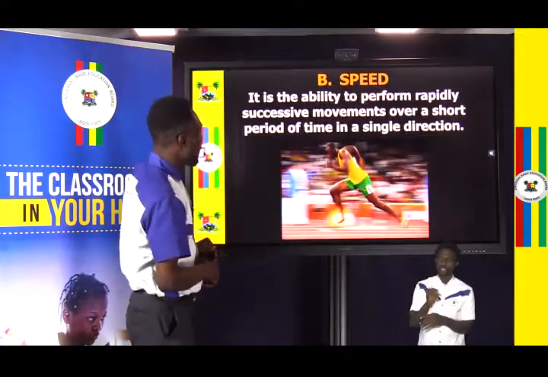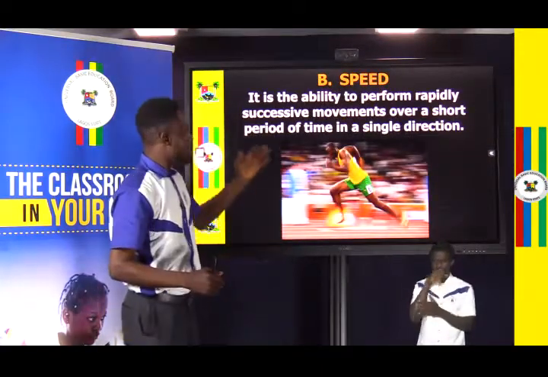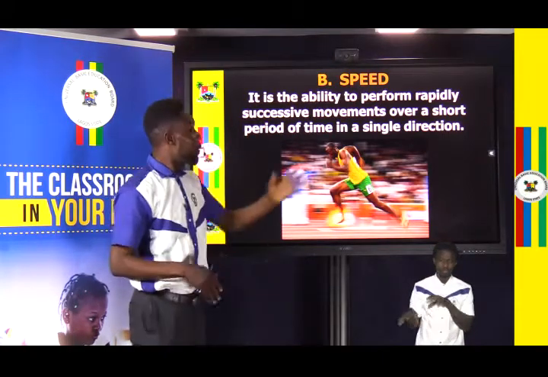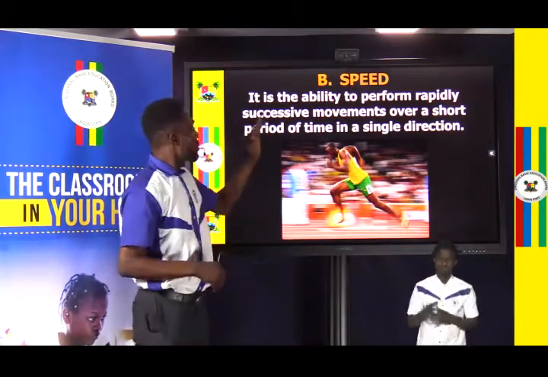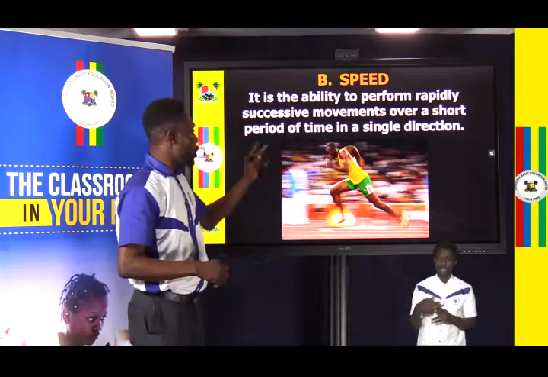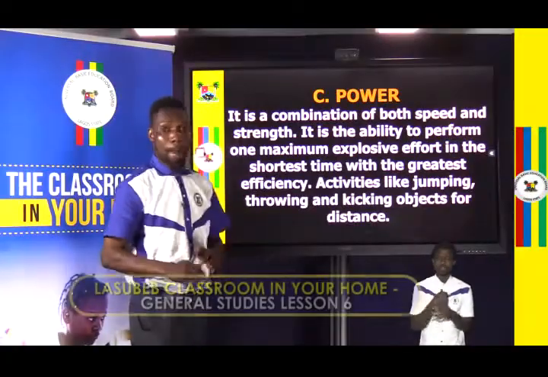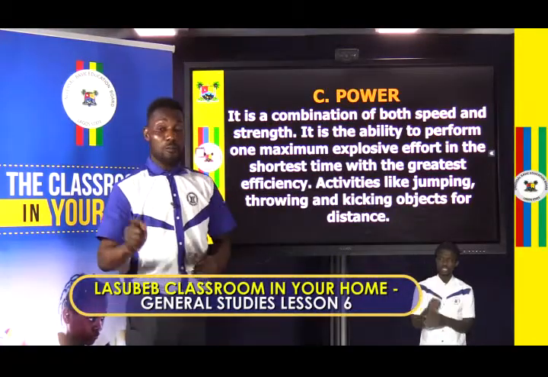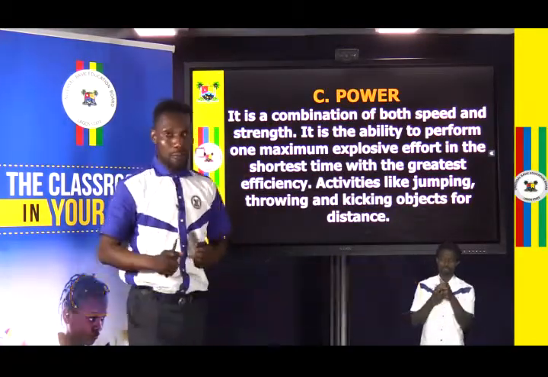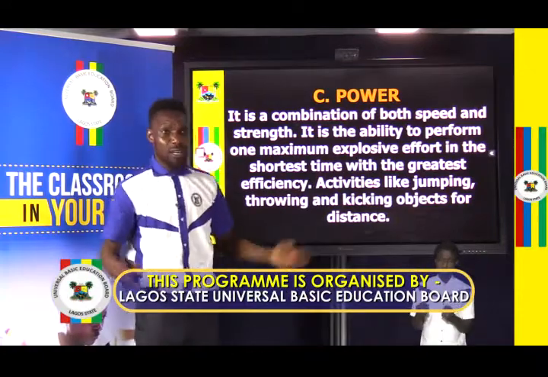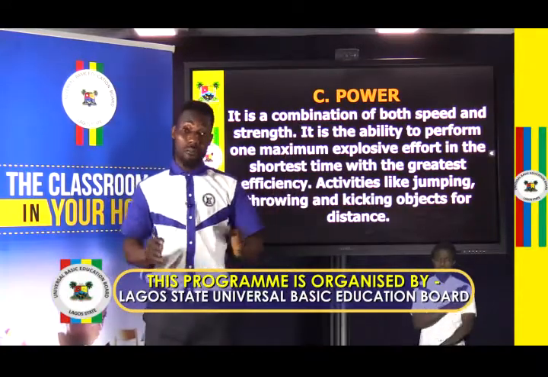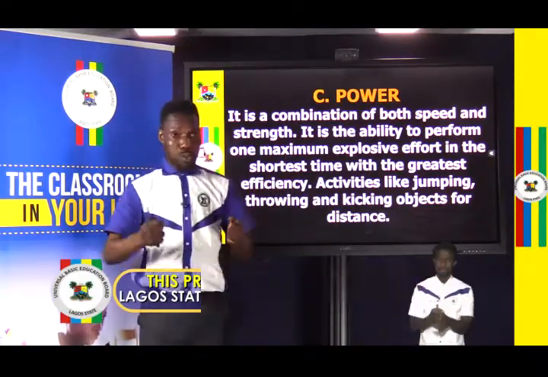Next one is speed. When we say speed, it is the ability to perform rapidly successive movements over a short period of time in a single direction. We also have power. Power is a combination of both speed and strength. When you say somebody has power, it has to do with the combination of speed and strength.